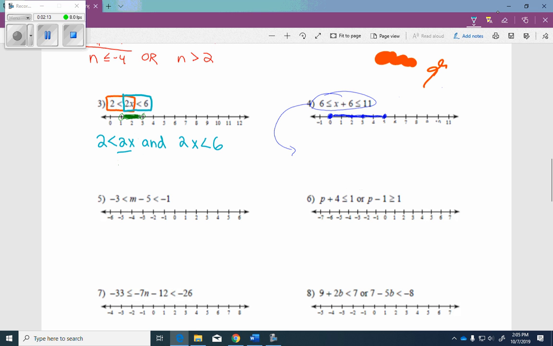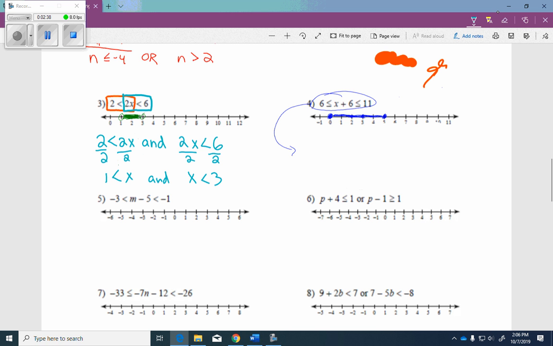So if I solve this, I'll divide both sides by 2. 1 has to be less than x. And if I solve this other inequality, I divide both sides by 2. So x has to be less than 3. So 1 is less than x, and x is less than 3.